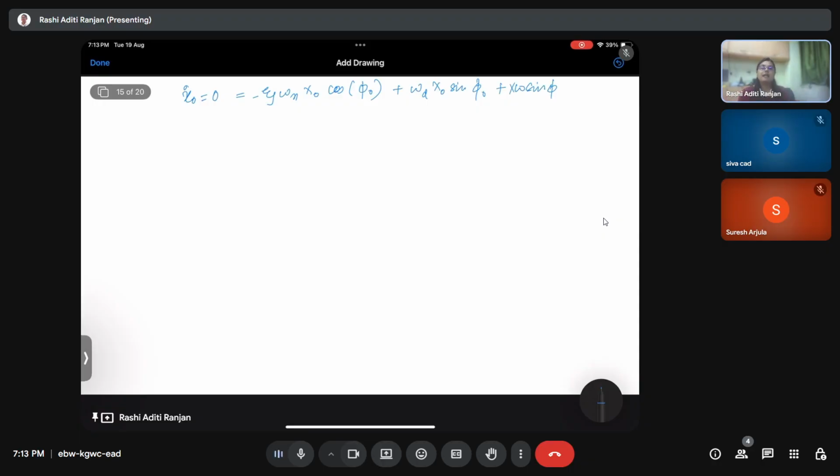Now when I put the values over here, I have the value of X_0 cos(phi_0), and then x_0 dot is 0, eta I have as 0.05, omega_d is 19.975, X_0 we have to find out. So X_0 sin(phi_0), we'll let it be.